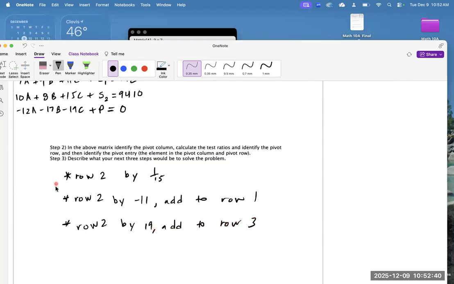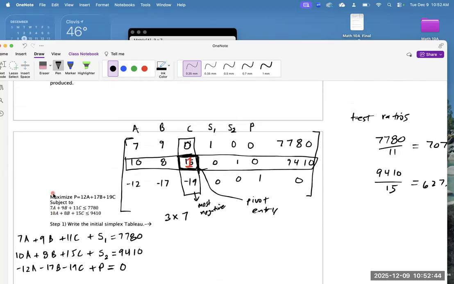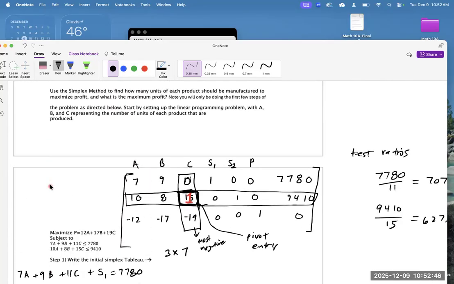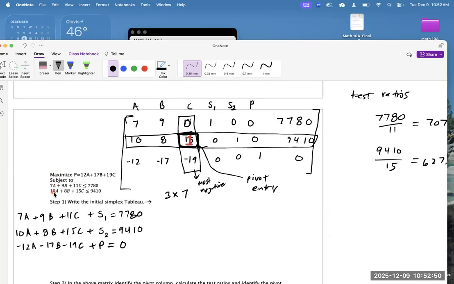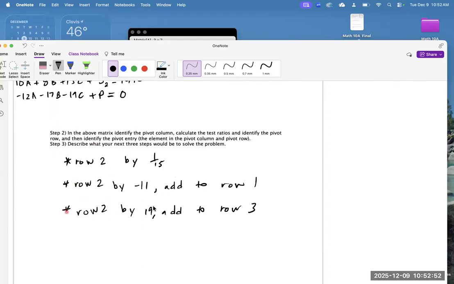That would be describing your next 3 steps. So you can see this in your calculator, and let's perform these 3 steps I just wrote down.